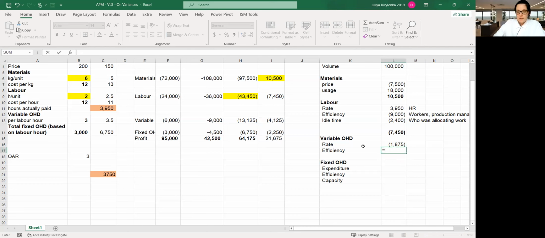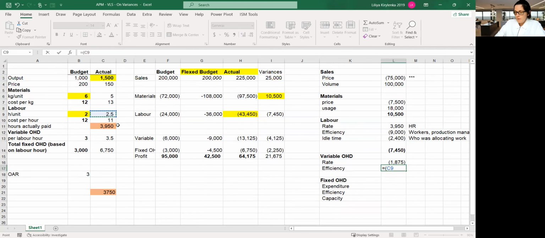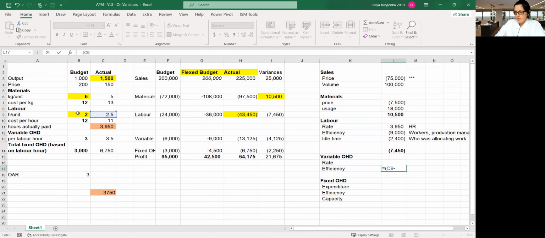So as such, we do not take 3950. Instead, we take 2.5 minus 2. We multiply that by actual output, and we multiply that by standard rate, because we need to find volume-based variance, and again, it's going to be with a minus sign.